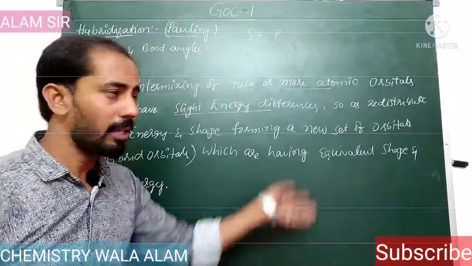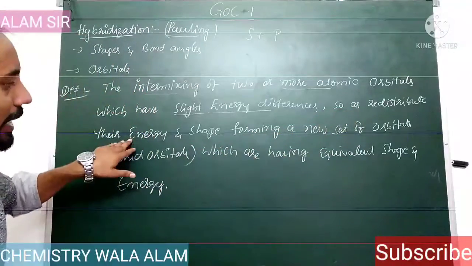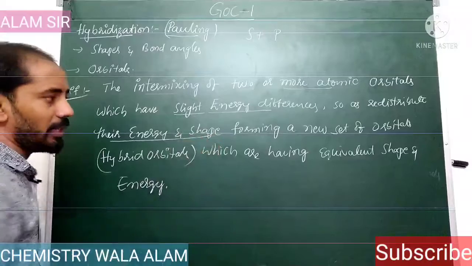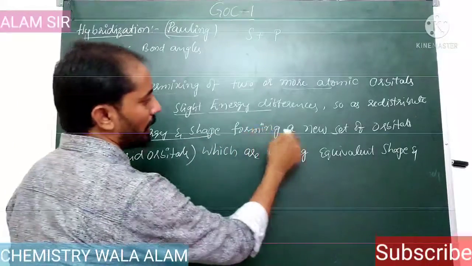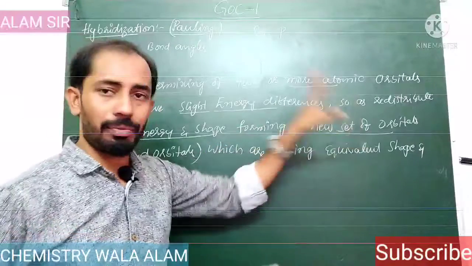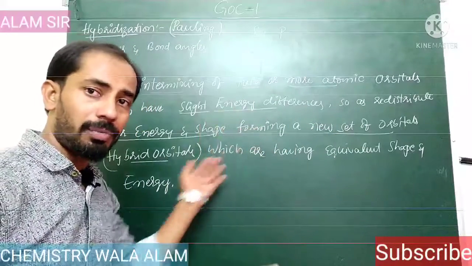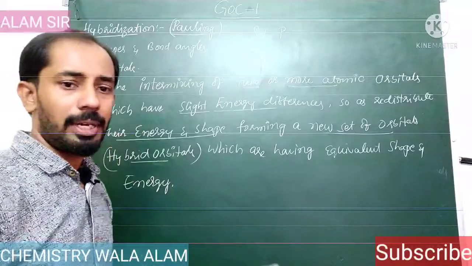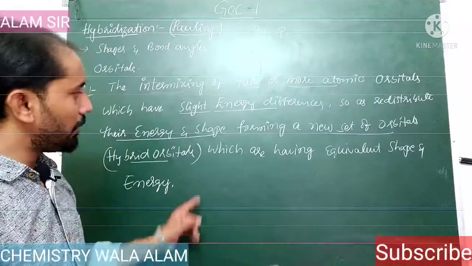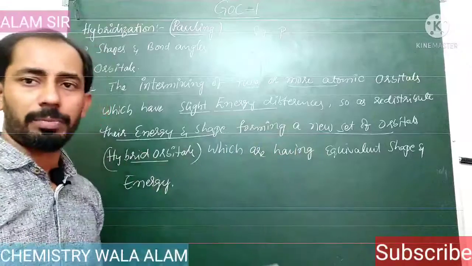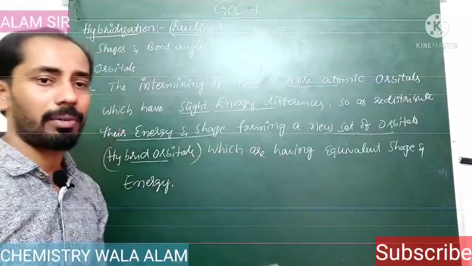So by that, they redistribute their energy and shape, and we form a new set of orbitals. Those new orbitals are called hybrid orbitals, and these hybrid orbitals have the same energy and the same, or equivalent, shape.